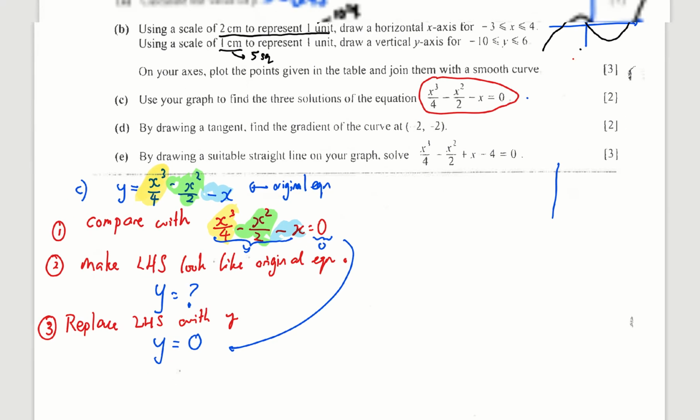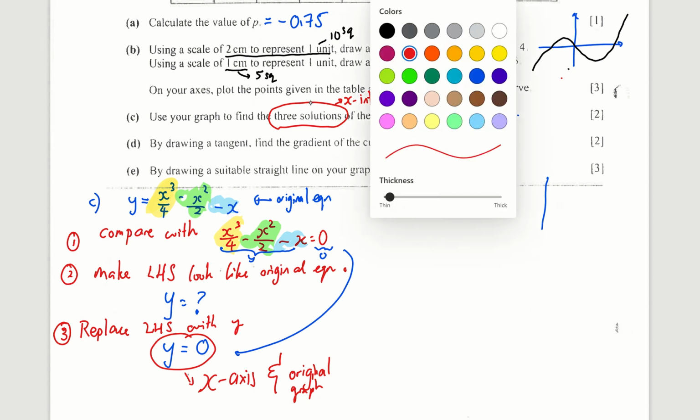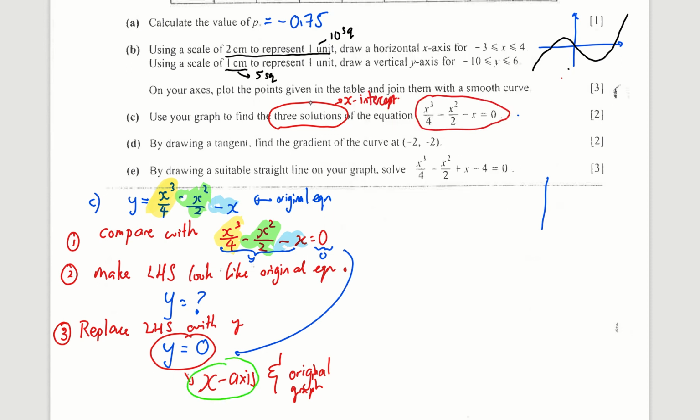I'd like to zoom out a little bit. So y equals 0 actually is the x-axis, right? What this means is I want you to look at the x-axis and the original graph and tell us where the 3 solutions are, and the solution here actually means x-intercept. So let me use a green color to draw the x-axis, y equals 0, on the graph.